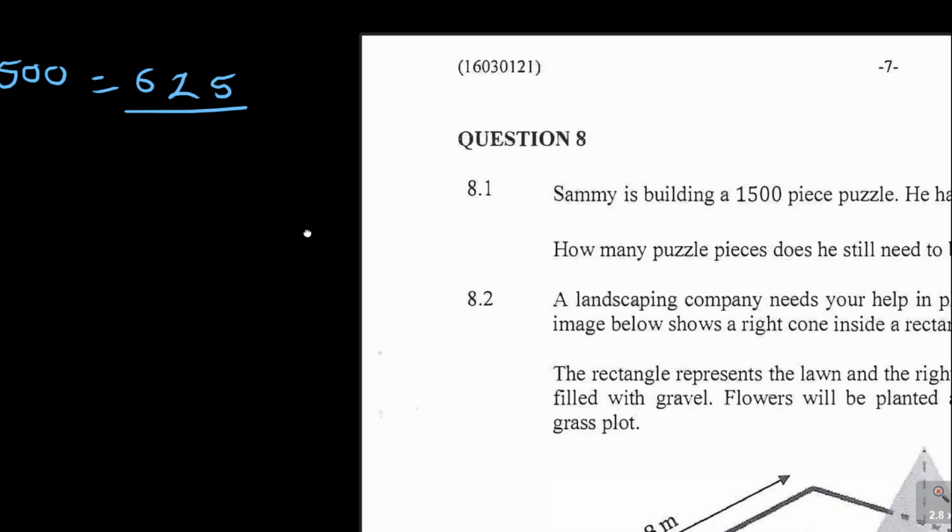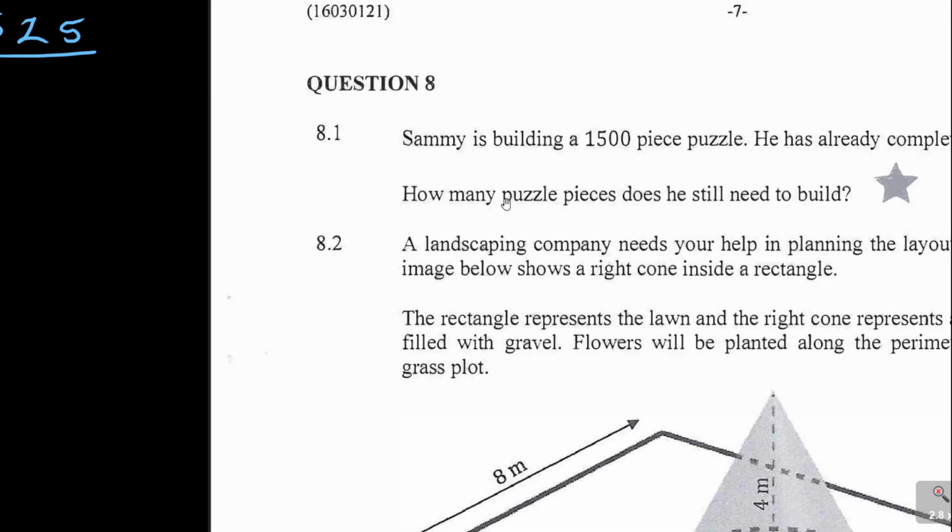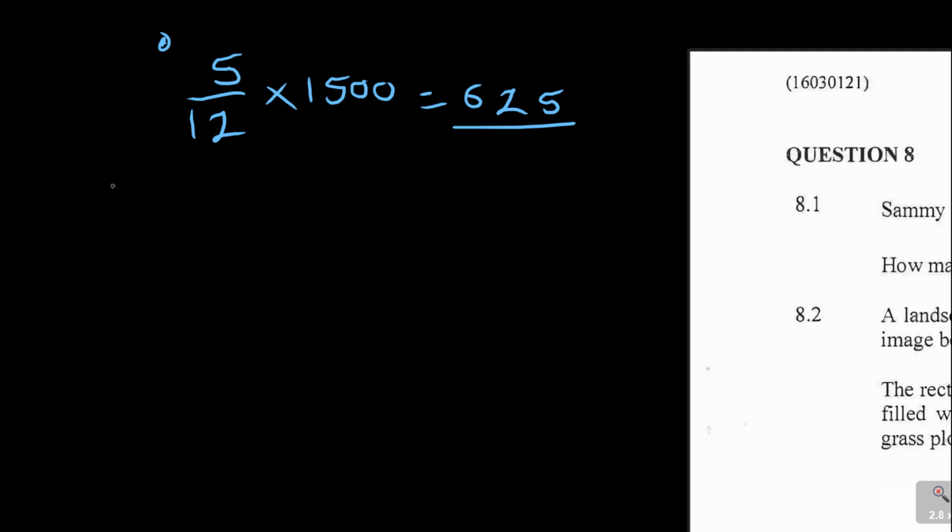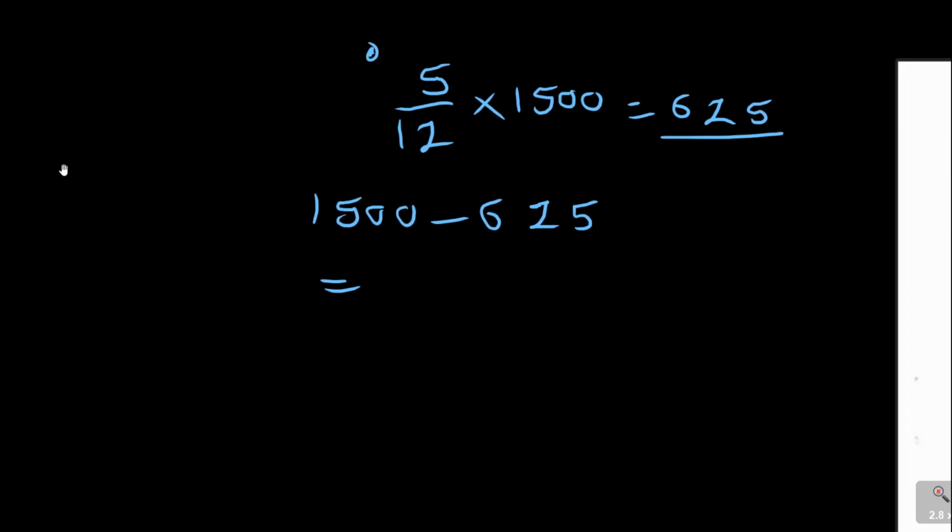Now the question is, how many puzzle pieces does he still need to build? So you just subtract here. It's 1,500 minus 625 is equal to the number of puzzle pieces.